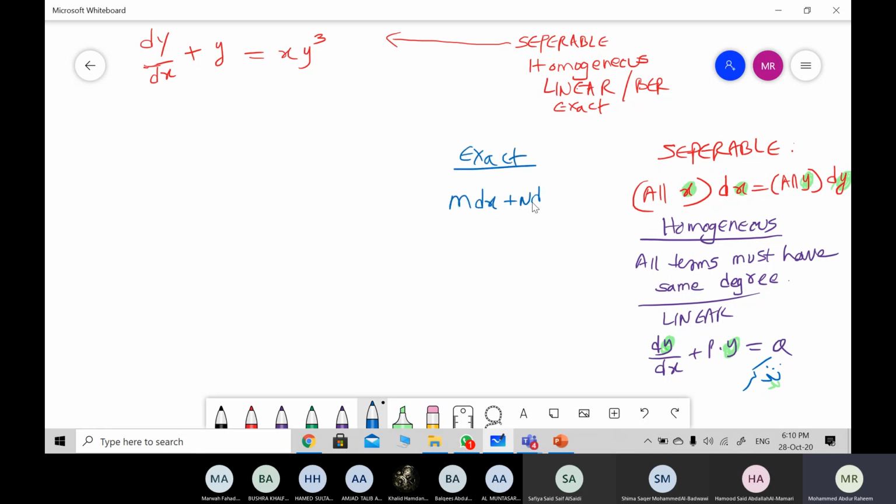M dx plus N dy equals 0 is the standard form. If you compare these two, they look almost the same, but not the same. Here, if dx is there, only x must be there, y should not be there. Here, only y, no x. But here, this M may have x, y, anything, no problem. Understand?